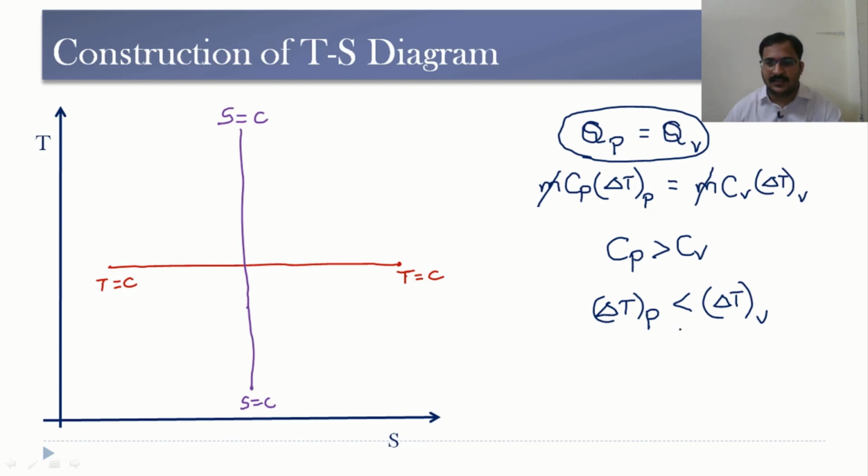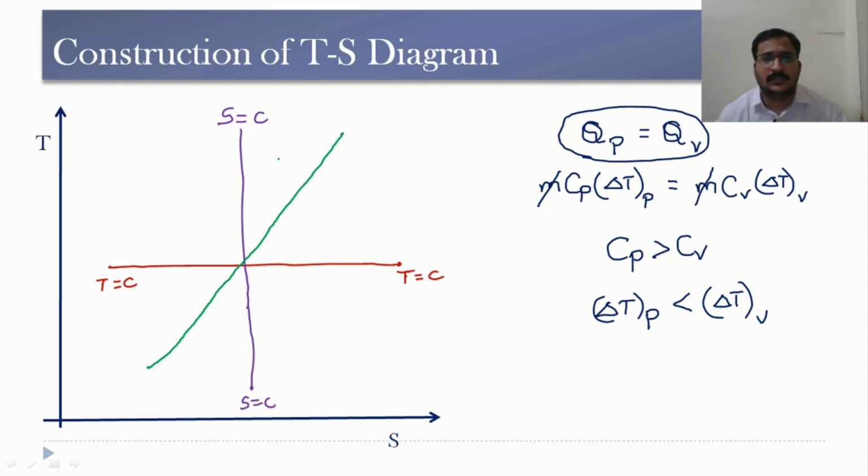So, this clearly indicates that if we consider the constant volume process, its slope will be greater.